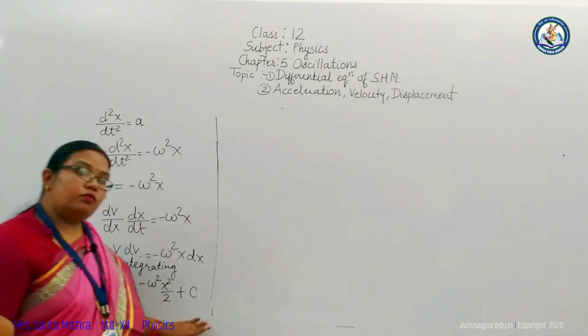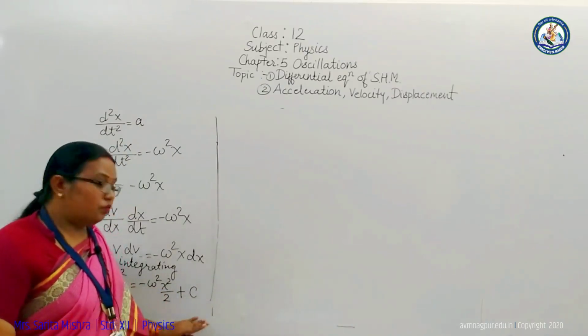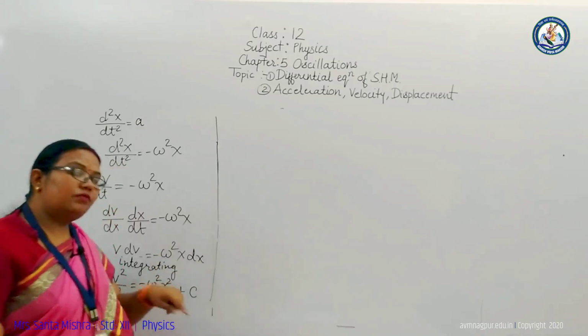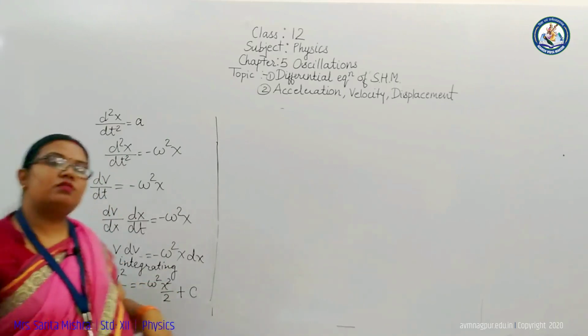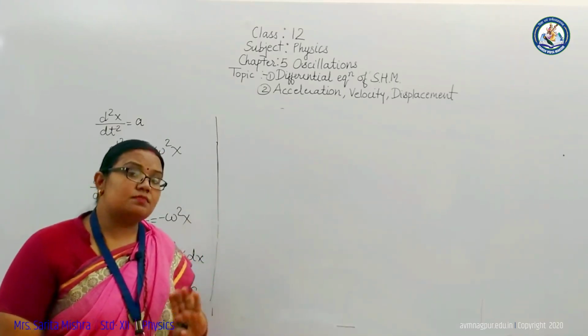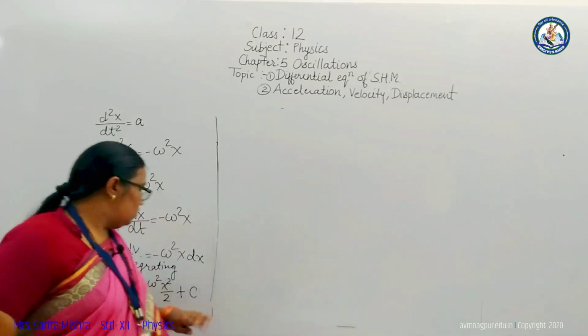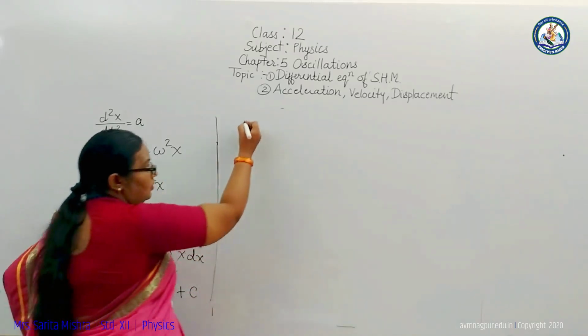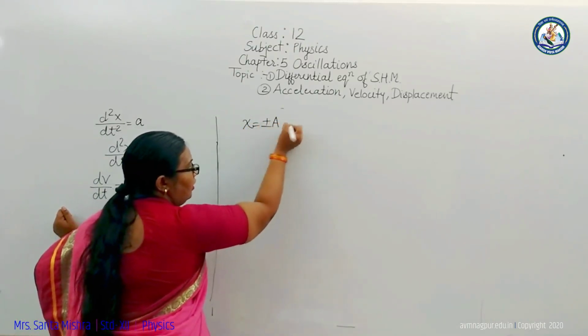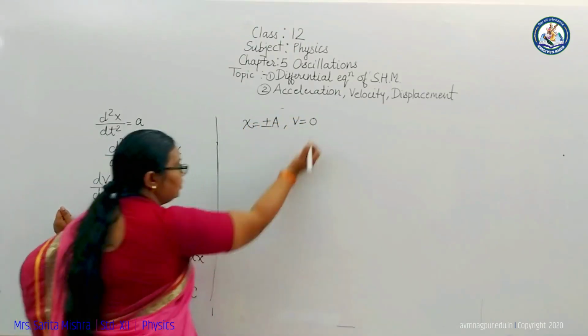Now we don't know the value of the constant of integration. To find it, we have to consider the extreme condition of displacement, which is plus minus a, where a is the amplitude. For x equals plus minus a, velocity is always 0.